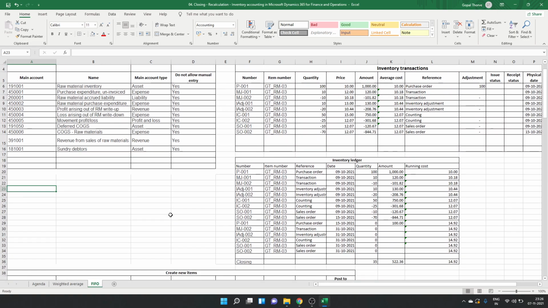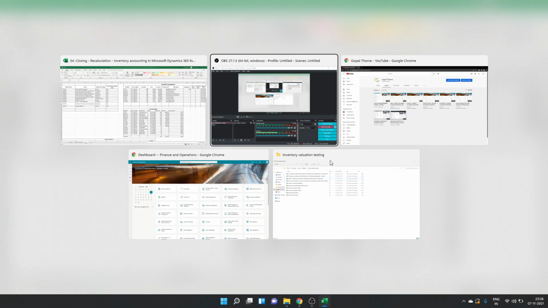I told you in my last video that for inventory closing using the weighted average valuation method we would see this in Excel itself. But what I have done is I have cancelled the last inventory closing, and we'll try to change the inventory model on the item model group. Let's get into the system. We will see the FIFO actions in the system itself.